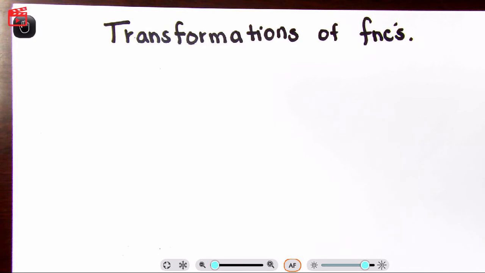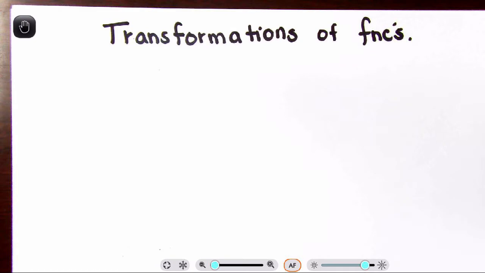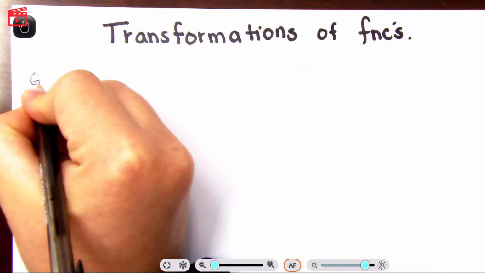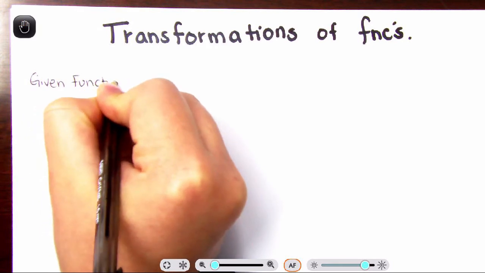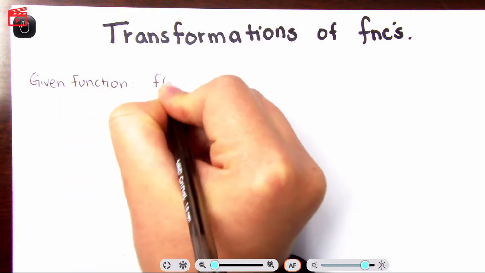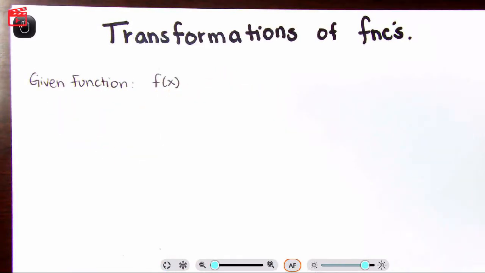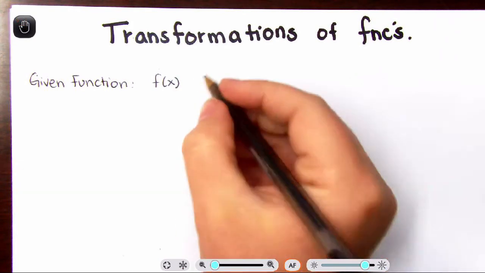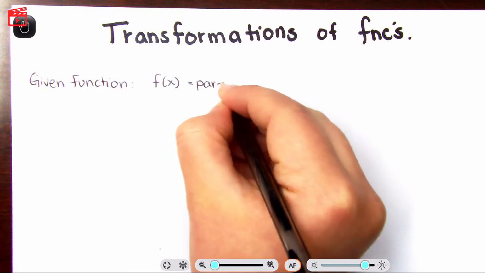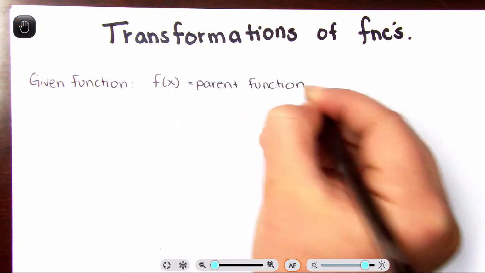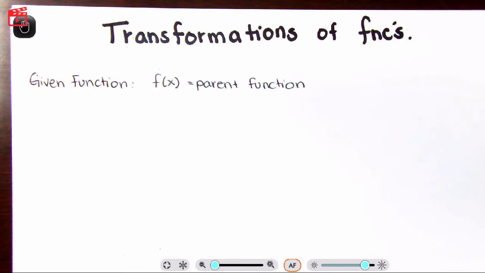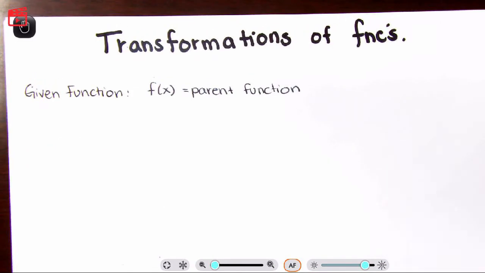The function is going to be given to you in terms of, let's say, f of x. It doesn't have to be f of x, that's just the most common thing they use. And they're going to say this is your parent function. What is happening to that parent function is going to be the transformations.